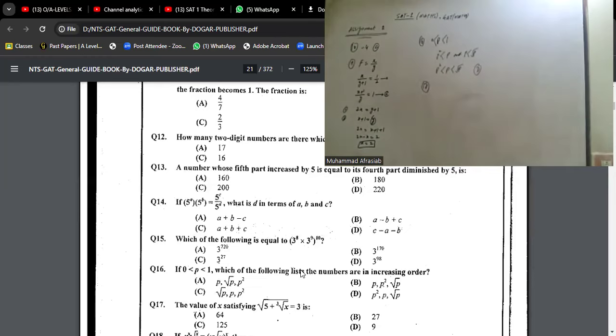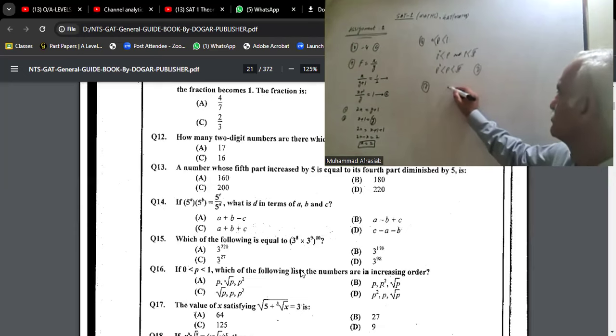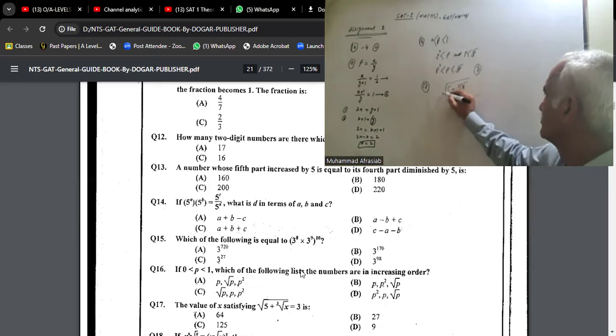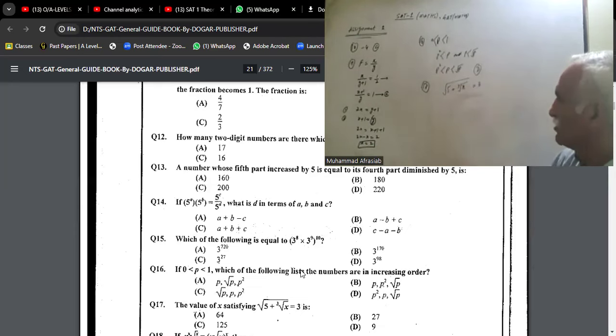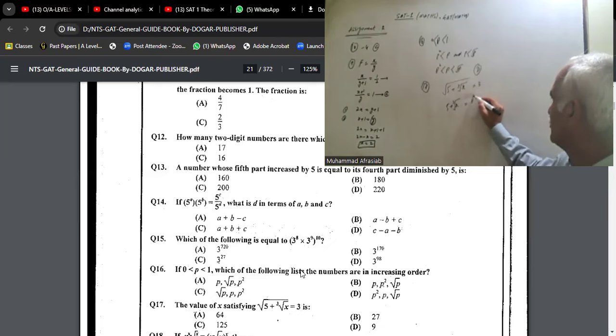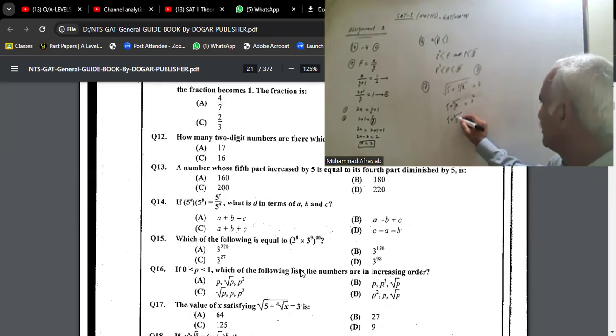Question number 17 now. The square root of 5 plus cubic root of x is equal to 3. If we take the square on both sides, 5 plus cubic root of x must be equal to 3 power 2, so 5 plus cubic root of x is equal to 9.